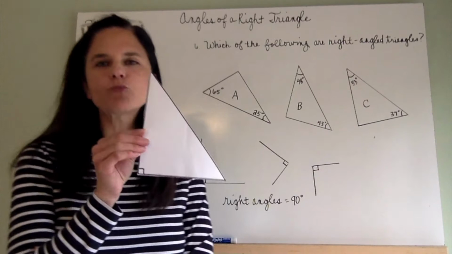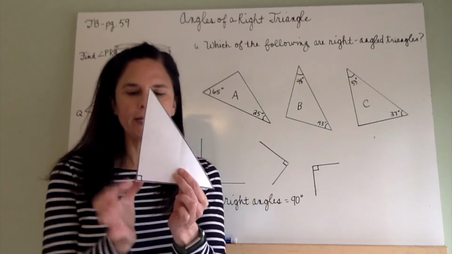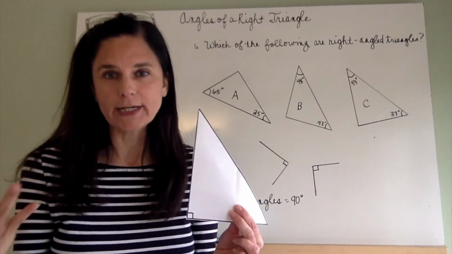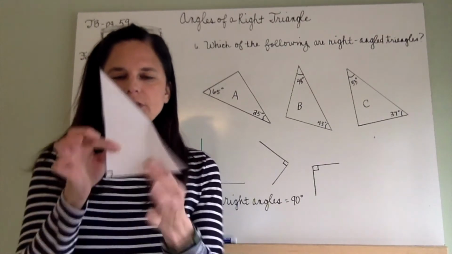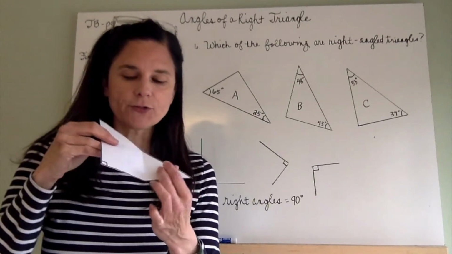So you have a right angled triangle, and we're going to notice something. Here's your right angle in the corner, and we know that right angles equal 90 degrees. Now notice what happens if you fold the other 2 angles that are not right angles, the other angles of the triangle.